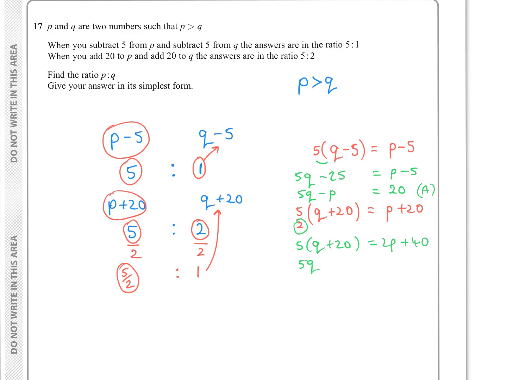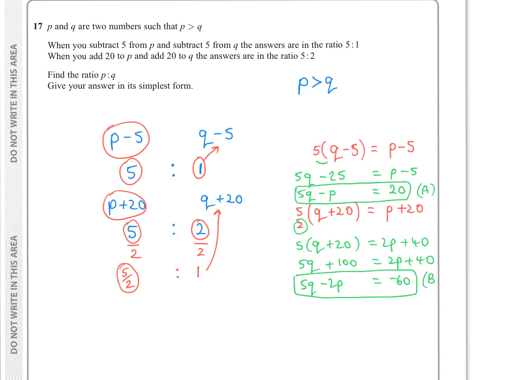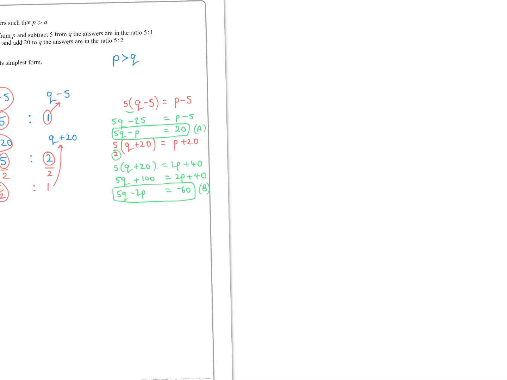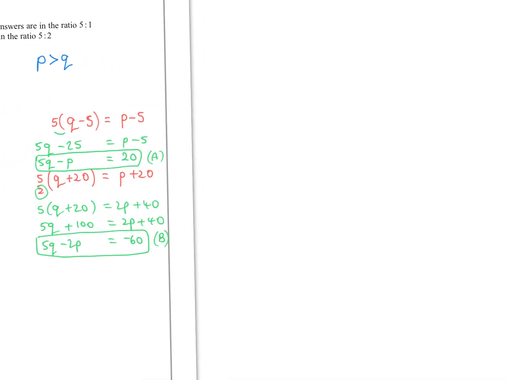Multiply out the brackets. And then I'm going to get the P's and Q's on one side. And then I've got my equation B here. So I'm going to now look at these simultaneously.